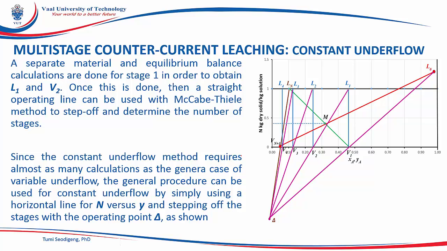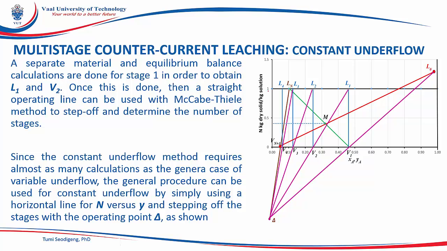The general procedure can be used for constant underflow by simply using a horizontal line on N versus y, and then stepping off the stages with the operating delta point. The only difference is that your N versus y line is a horizontal line fixed at N equal to a constant. So there's not much difference in calculating the constant underflow. It is similar to the variable underflow, only that your N versus y line is now horizontal.